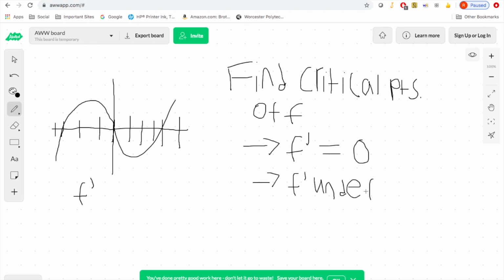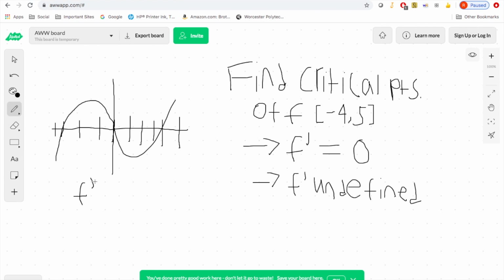So I'm looking for critical points on this interval, I should specify this in the question, on this interval from -4 to 5. And we conveniently have a graph that stretches that same interval.